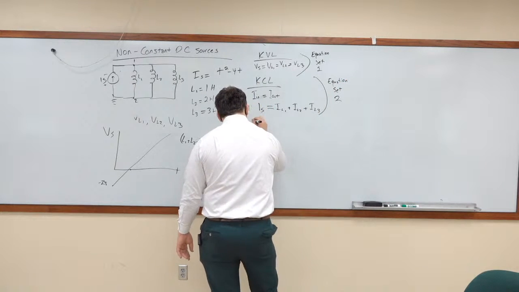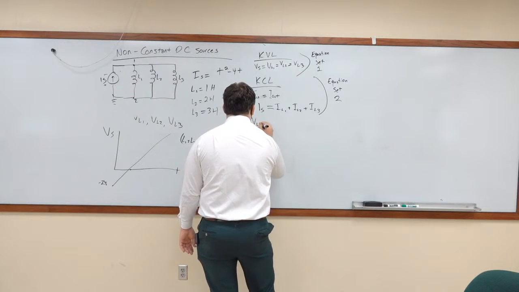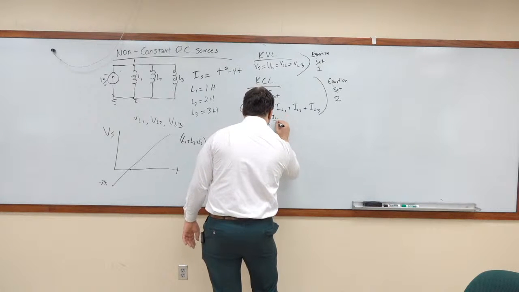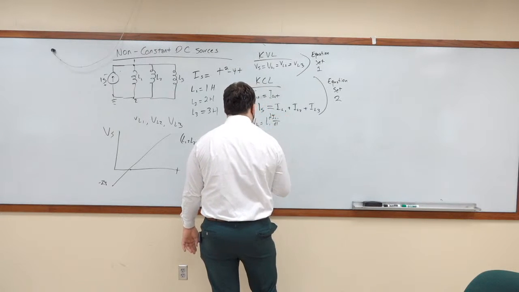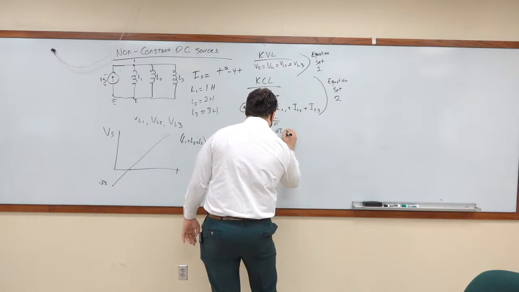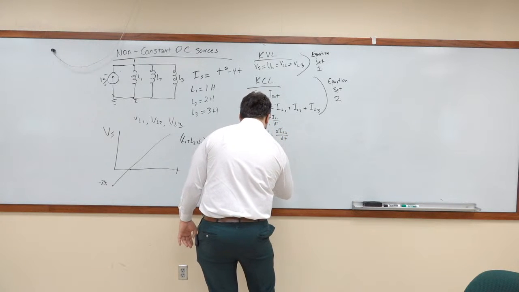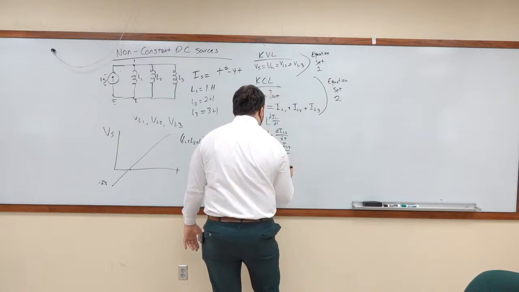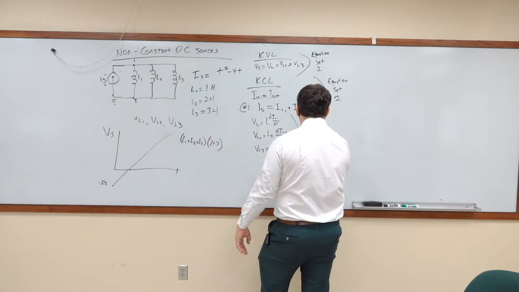And then we know that VL1 equals L1 DIL1 dt. VL2 equals L2 DIL2 dt. And then VL3 equals L3 DIL3 dt. This is our equation set 3.